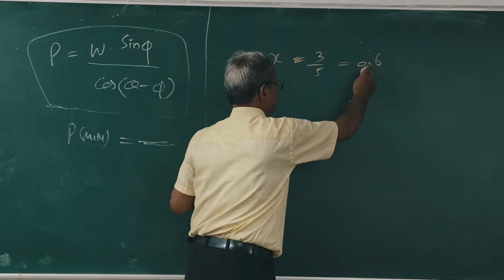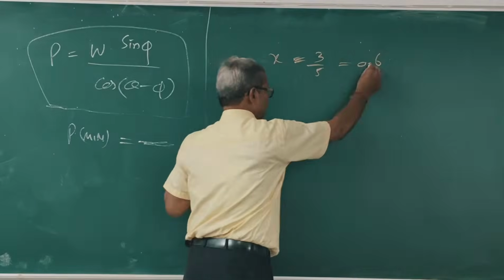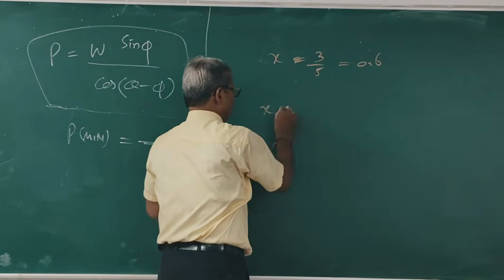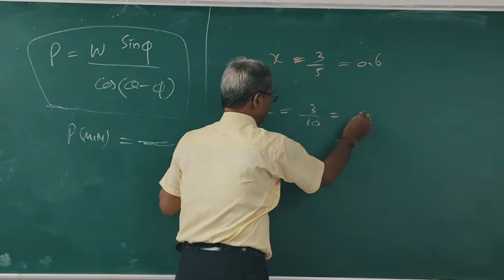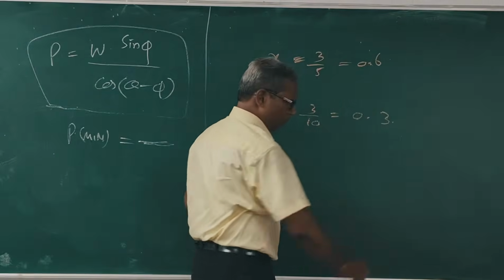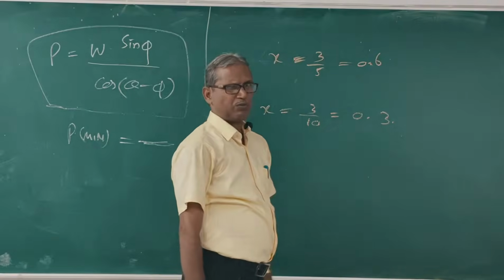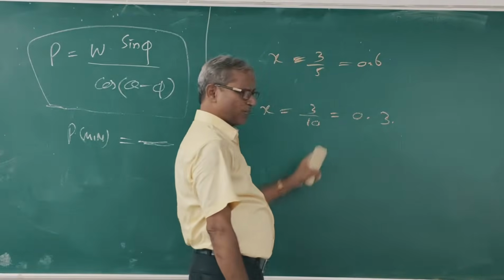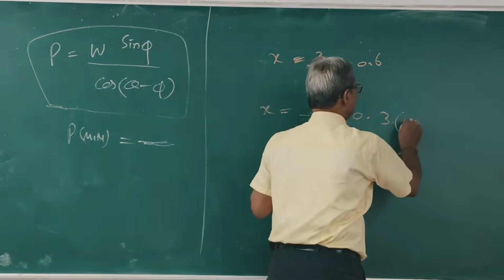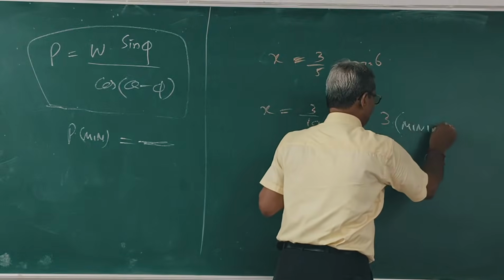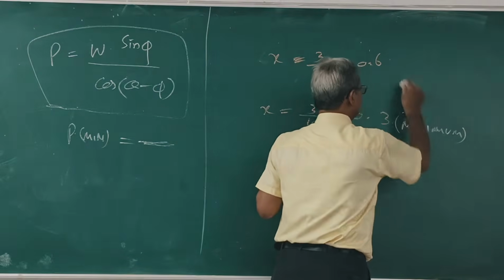X is equal to 3 by 10. What is the value? 0.3. Tell me which is minimum and which is maximum. This is the minimum value and this is the maximum value.